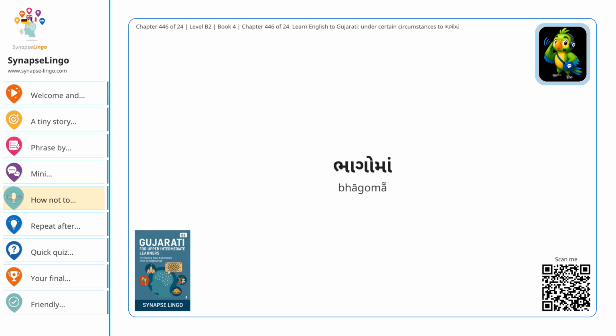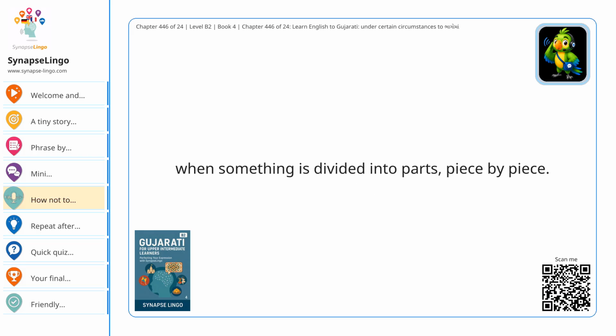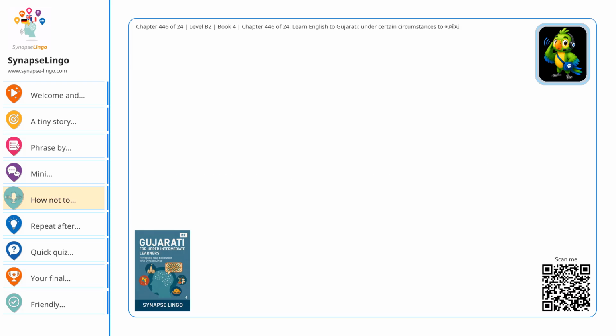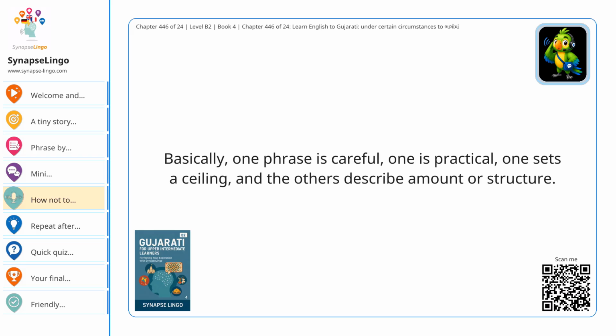Use ભાગોમાં when something is divided into parts, piece by piece. Use વધુમાં વધુ when you want a maximum limit. Use જરૂર પડે તો when action happens only if needed. And use ચોક્કસ પરિસ્થિતિઓમાં when the situation depends on certain conditions. Basically, one phrase is careful, one is practical, one sets a ceiling, and the others describe amount or structure.